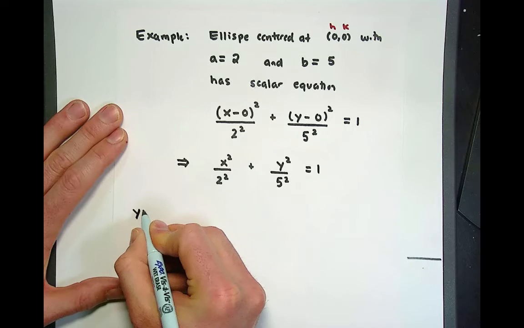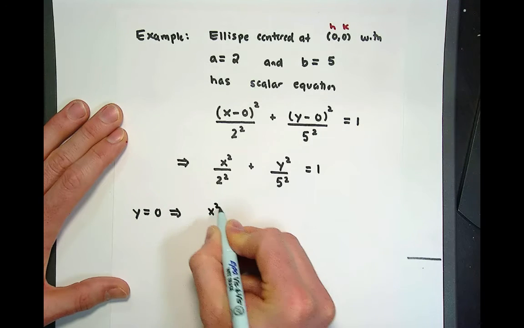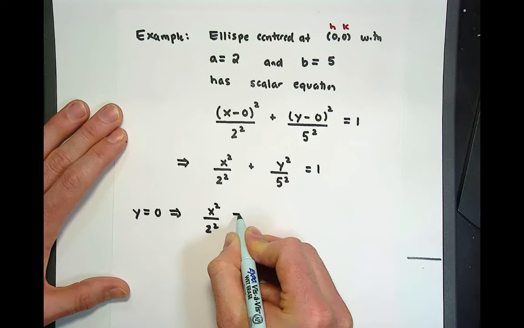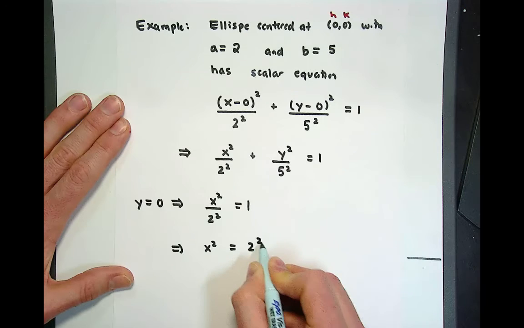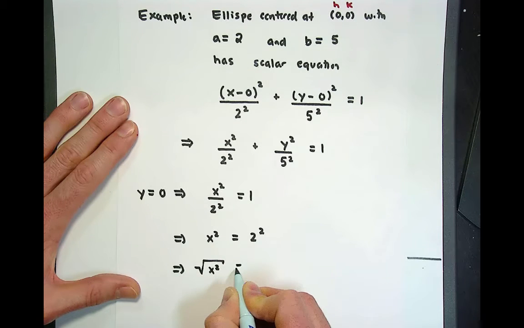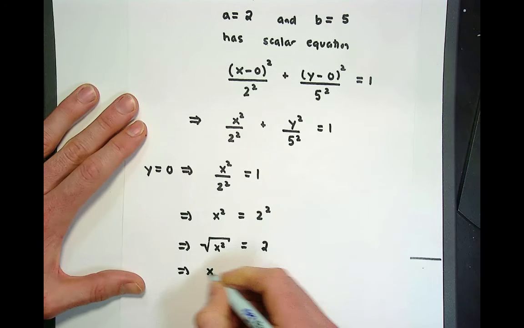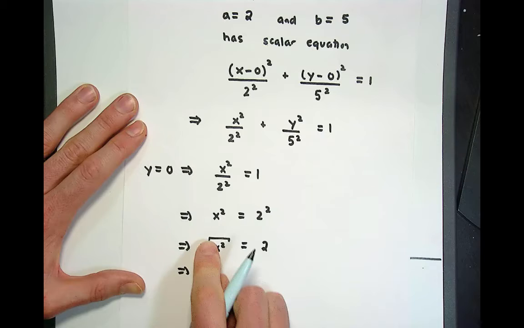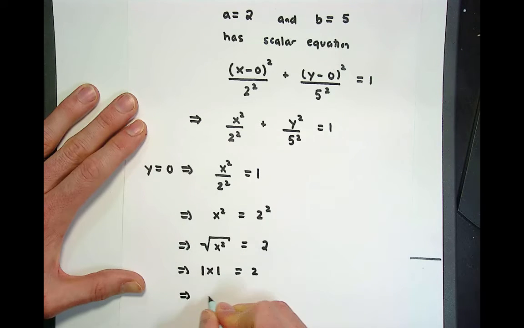So let's start first with the horizontal line for the axis. Let's set y equal to 0, which would immediately imply that x squared divided by 2 squared is equal to 1, which would mean that x squared is equal to 2 squared. When we take the square root of both sides, this becomes the absolute value of x, because the square root of the square is an absolute value, equal to 2.